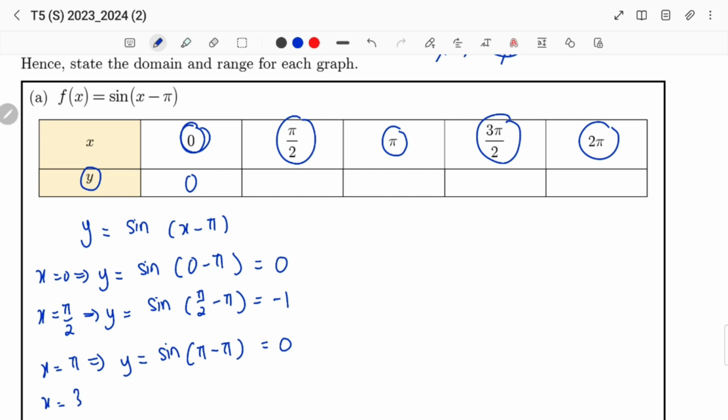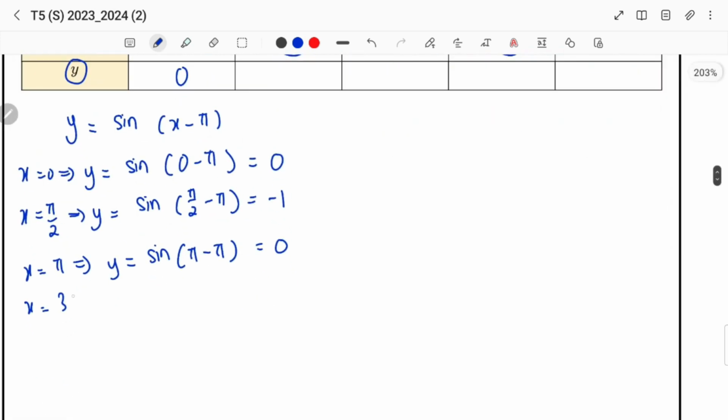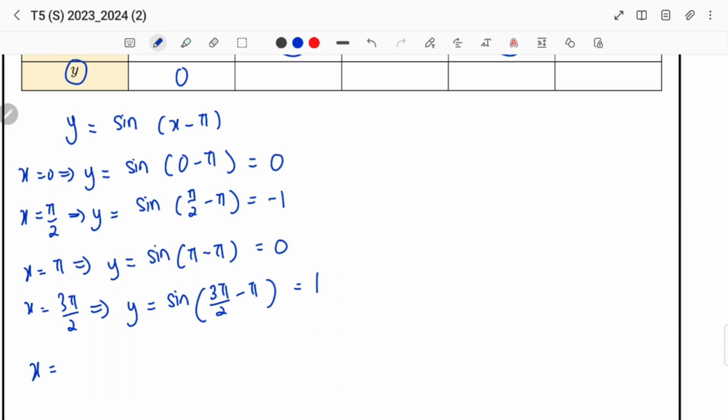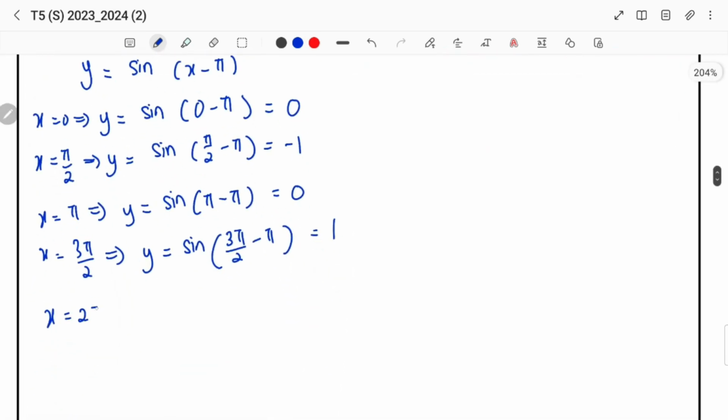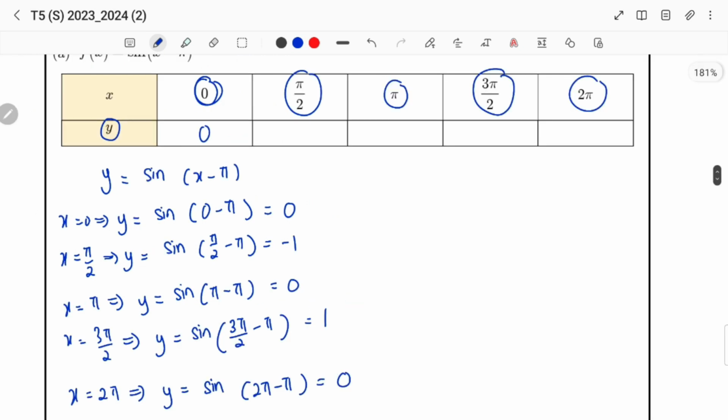Next, x equal to 3π/2. So y equals sin(3π/2 − π), which is 1. And the last value of x, which is 2π. y equals sin(2π − π), which is 0.